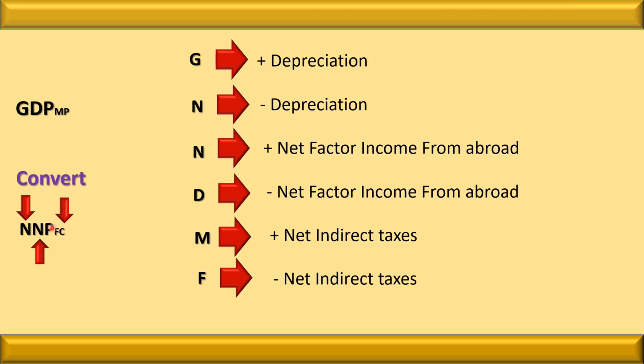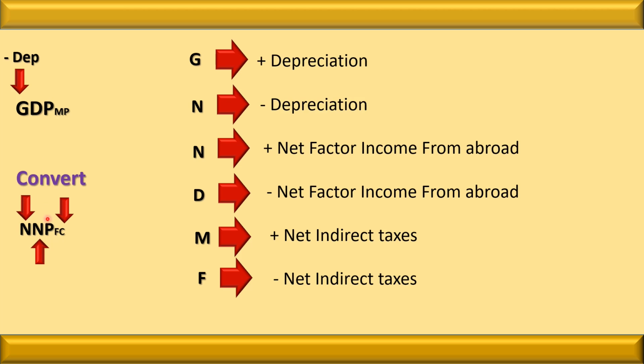Let us see. If we have to convert gross into net, what do we have to do? We have to find out net. To find out net, we have to deduct depreciation. To find out national from domestic, what do we have to do?